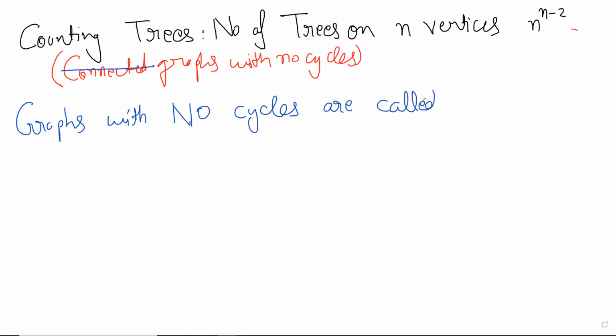A very wisely chosen name, right? What we are interested in is the number of forests on n vertices. Please think about this: we know the answer n to the power n minus 2, so can we somehow use that to find graphs with no cycles?